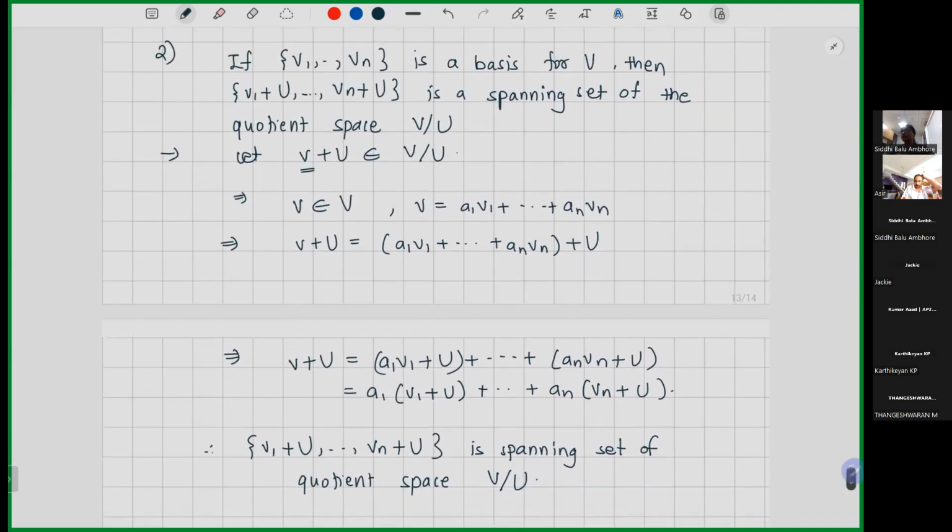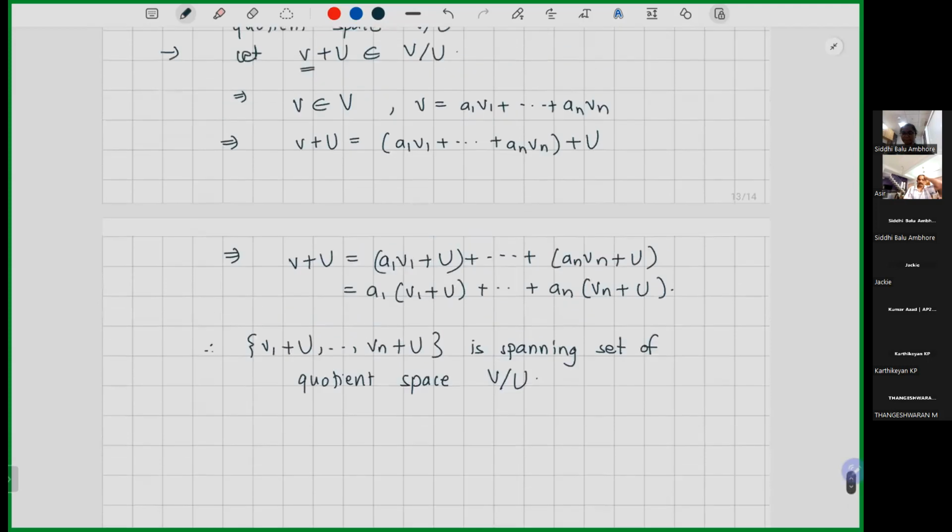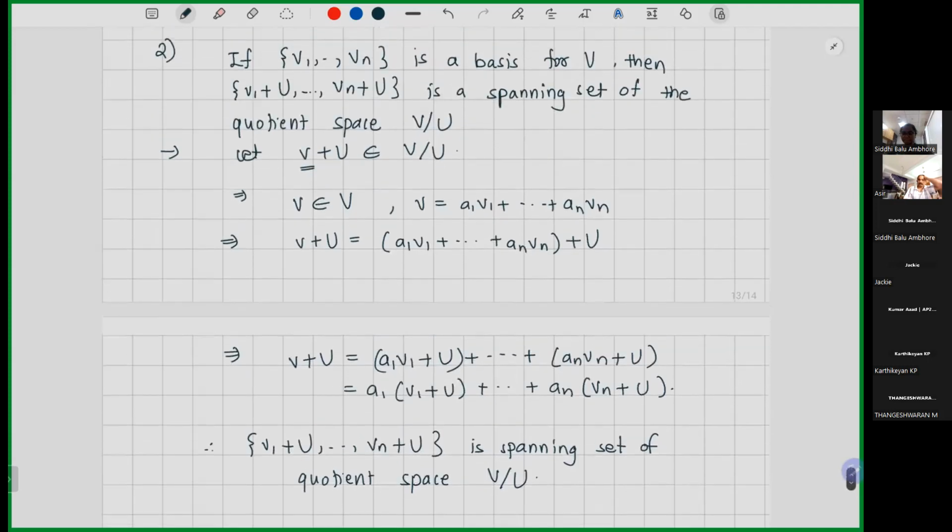Please let me know if there are any doubts. How does it come from A1 V1 plus U to A1 times the bracket of V1 plus U?